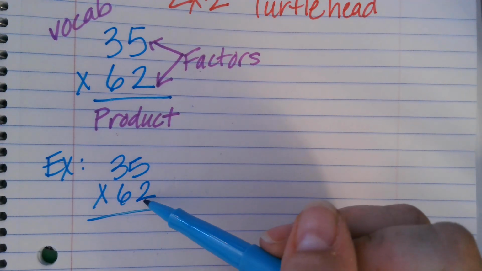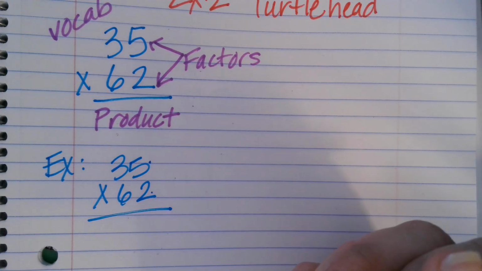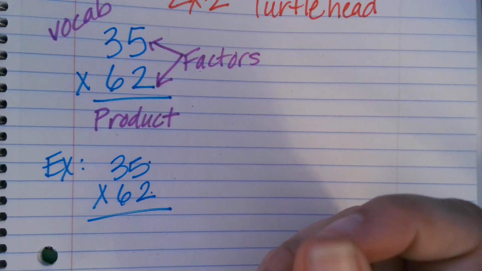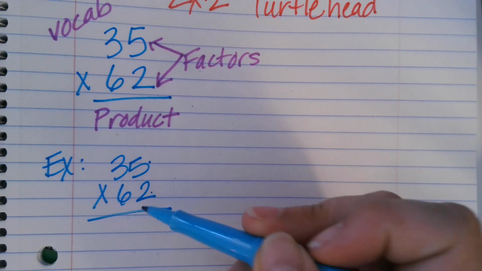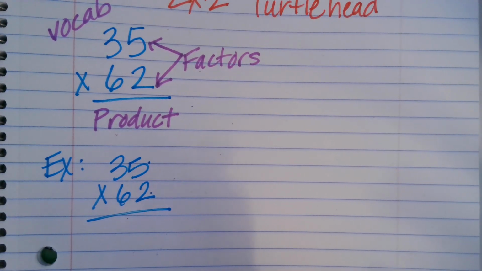We would take the bottom number, multiply by the ones place, then the bottom number multiplied by the tens place, then the hundreds place, etc. Are y'all with me? Give me a thumbs up if you understand. So if it was 35 times 2, I would say 2 times 5, then 2 times 3. Okay, so we're still going to do that.